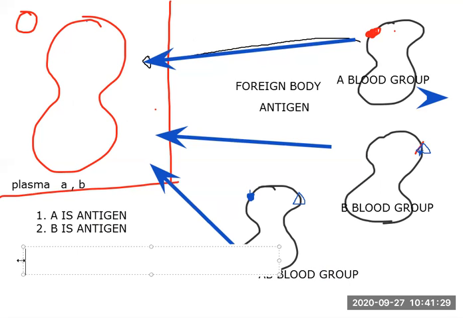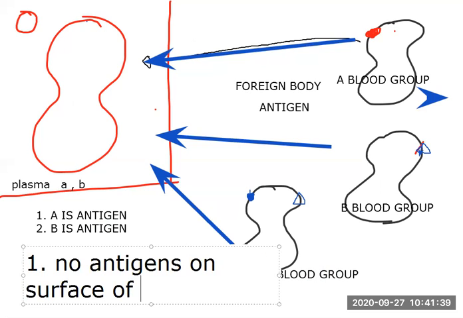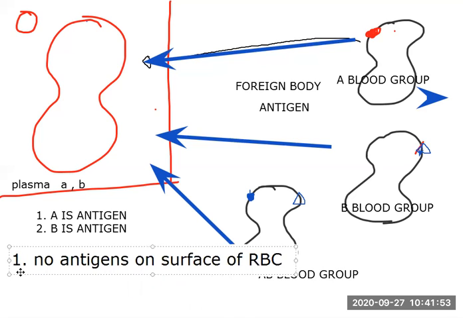So that's why I'm writing here, O blood group person: no antigens on the surface of RBC. The first thing you have to remember is that on the surface of his RBC, there is no A antigen and no B antigen. Then what about the antibodies?